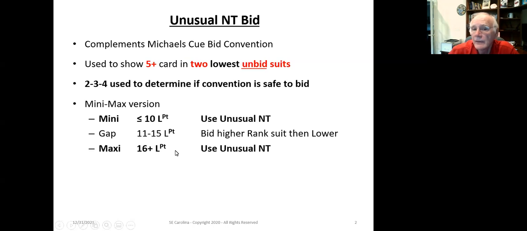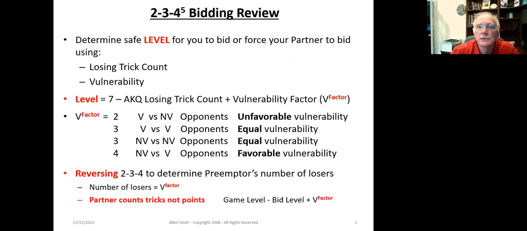If we have 11 to 15, we do not use unusual no-trump, but we bid the higher ranking suit first, then the lower ranking suit. This way, we can clearly differentiate between two-suited hands with less than or equal to 10 points, 11 to 15, and 16+. This is consistent with the same way that we're doing it in the Michaels-Cubit convention.